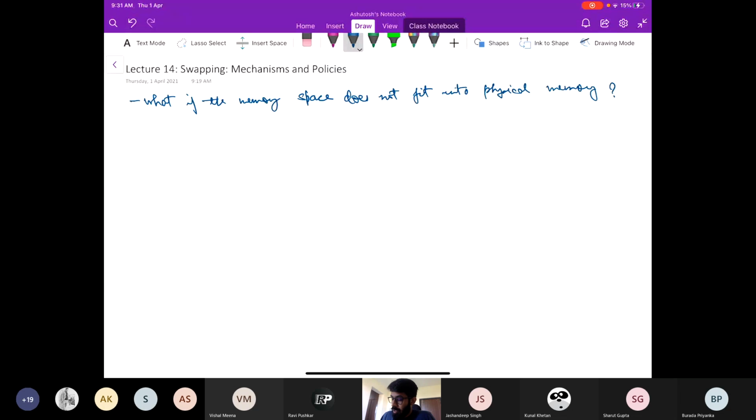Okay. So in that case, we need to use some larger space and probably slower. And that's where the hard drive comes in.